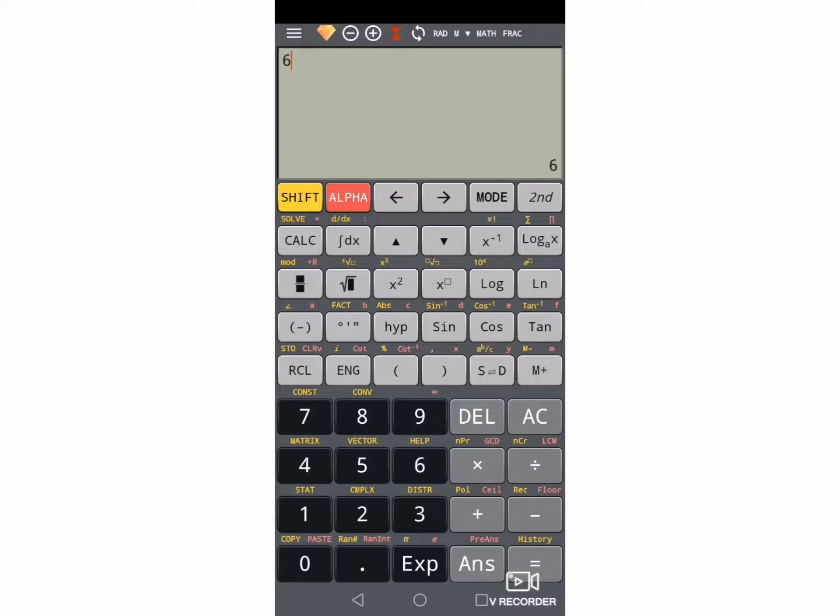So we have 6 permutation of 6 taken 6 at a time. So the answer is 720.